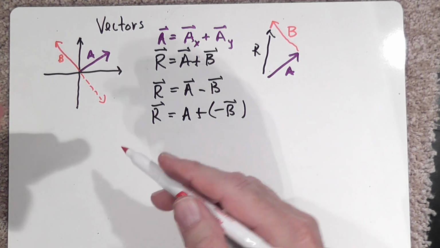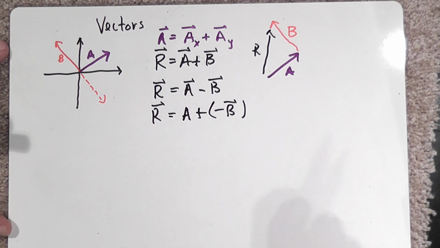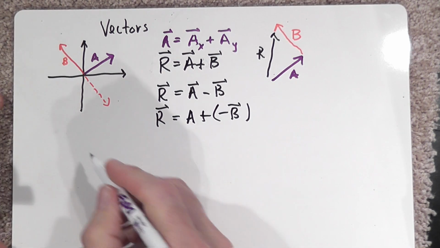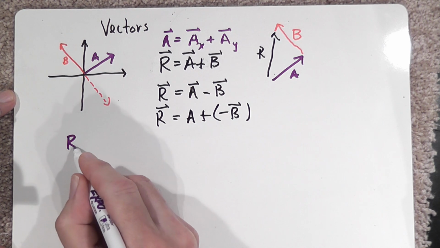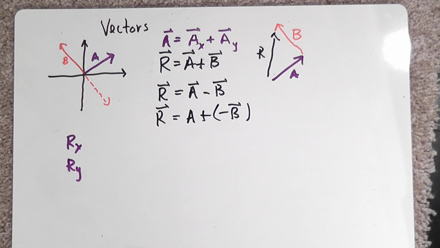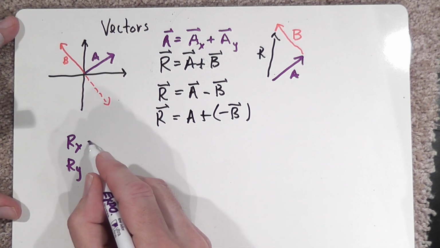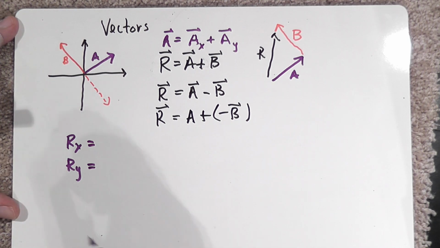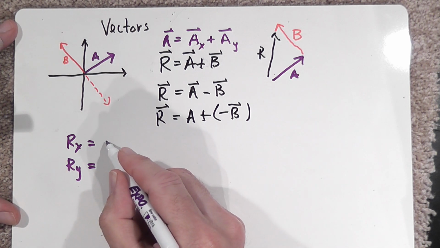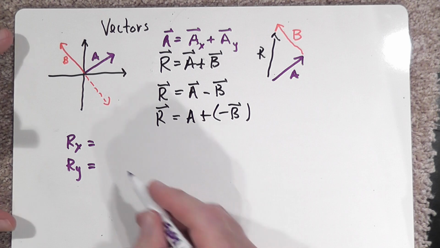So what do you do when you have two vectors? Well, if you remember, you have to find R of x and R of y. So what is Rx and what is Ry? The first thing is you would have your A and B vectors.